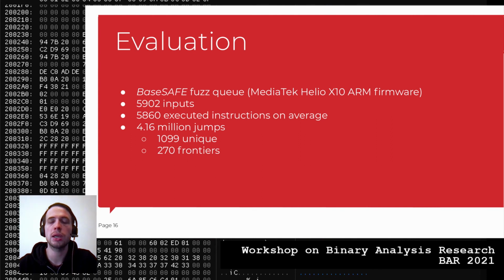And we executed 5,860 instructions on average, which is a rather long target, I would say, for unicorn-based fuzzing at least. We have a total of 4.16 million jumps, of which 1,099 are unique, and 270 of these 1,099 are unidirectional, so they are frontiers.